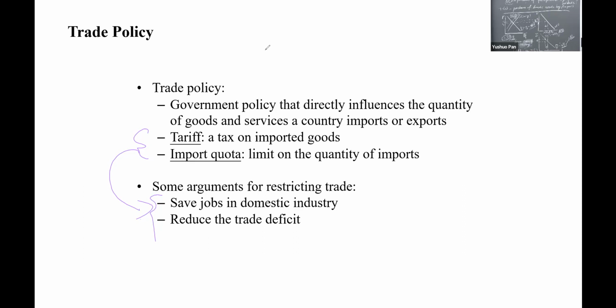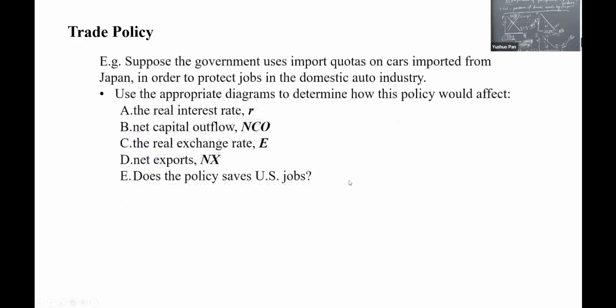In this chapter, we are going to take a look at whether the tariff or import quota will reduce the trade deficit or save some jobs in domestic industry. Let's take a look at this example together. Suppose the government uses import quotas on cars imported from Japan in order to protect the jobs in the domestic auto industry.